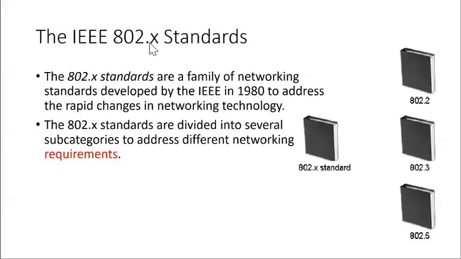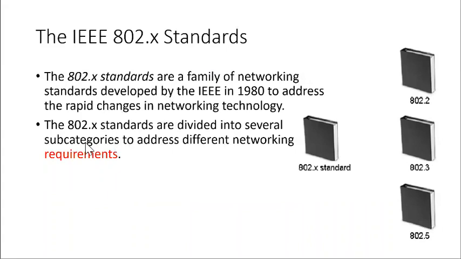This 802.x standard is a family of networking standards developed by IEEE in the 1980s to address the rapid changes in networking technology. The 802.x standards are divided into several subcategories to address different networking requirements.